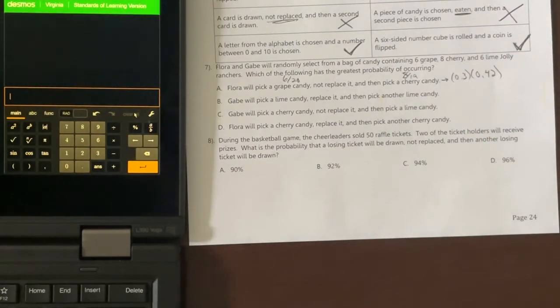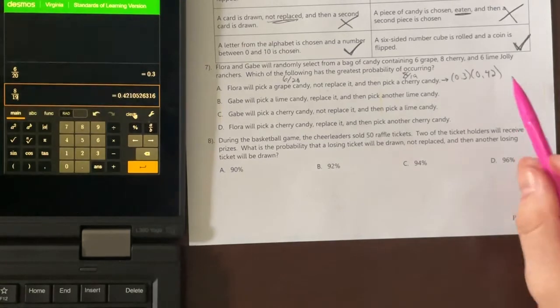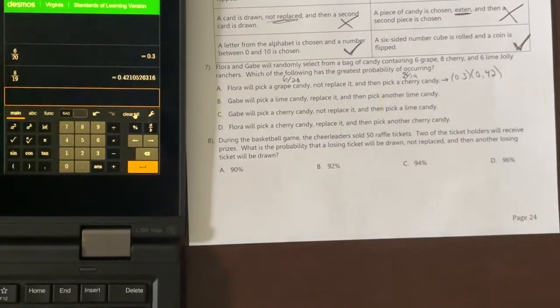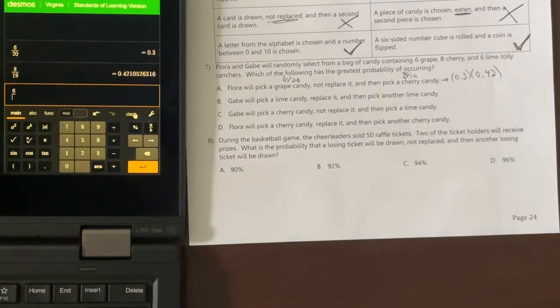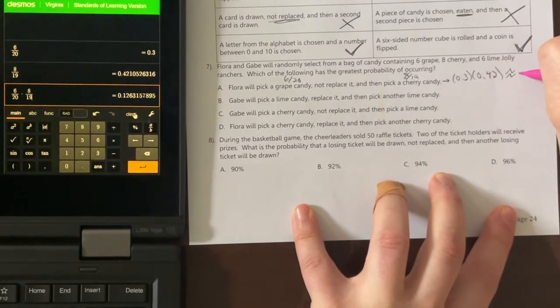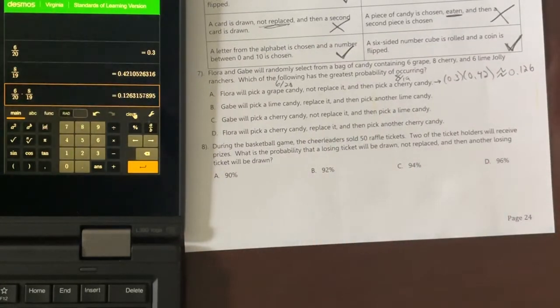So I have 6 over 20, and I have 8 over 19. Multiply those two together, so I can take 6 over 20 times 8 over 19. So this is going to be about 0.126, which is about 13%.